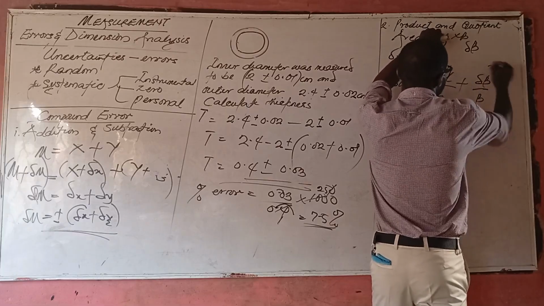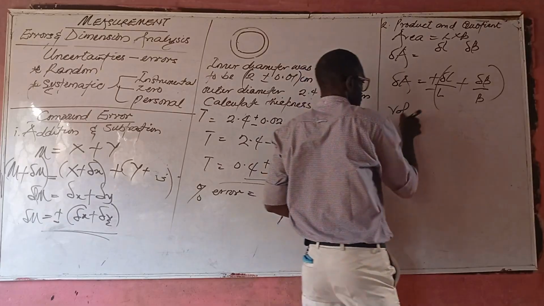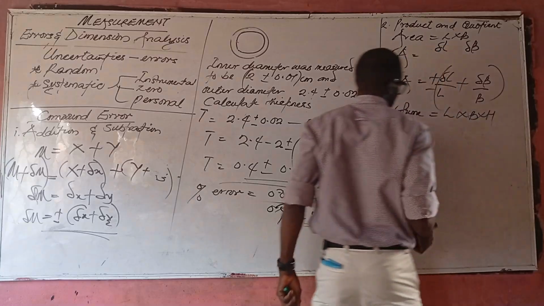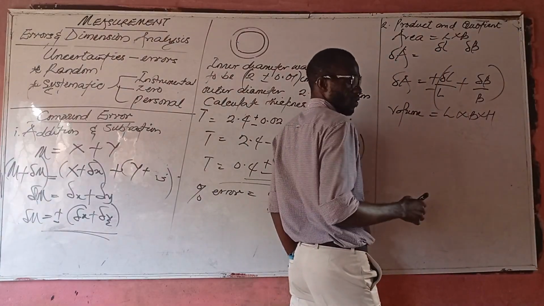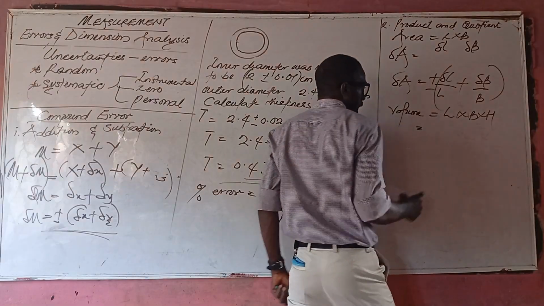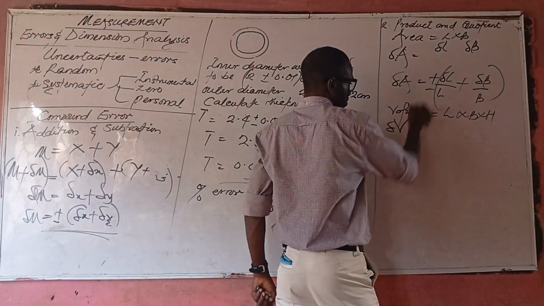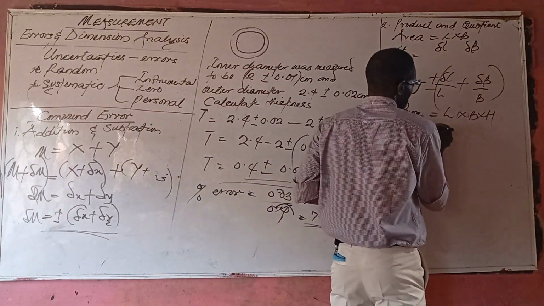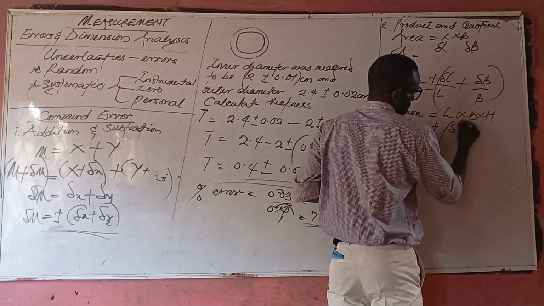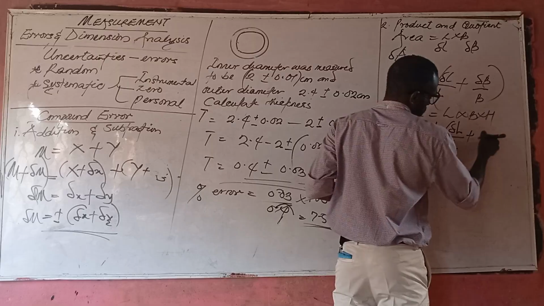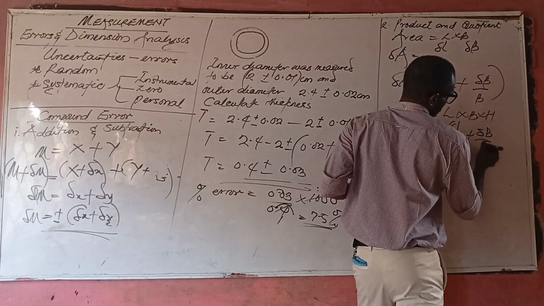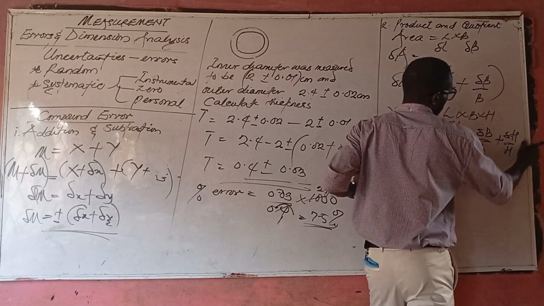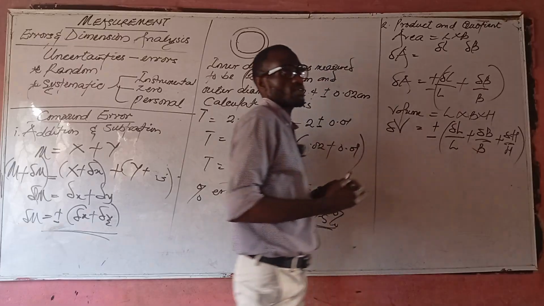Is it clear? If it's volume, volume is length times breadth times height. So our dV, the error that will be there, will be equal to plus or minus dl over L plus db over B plus dh over H. And that's it.